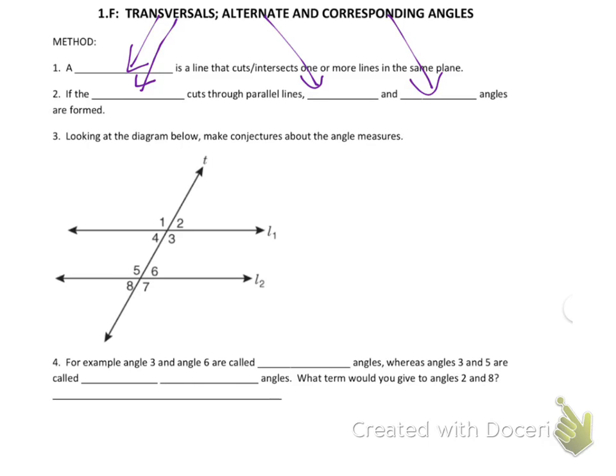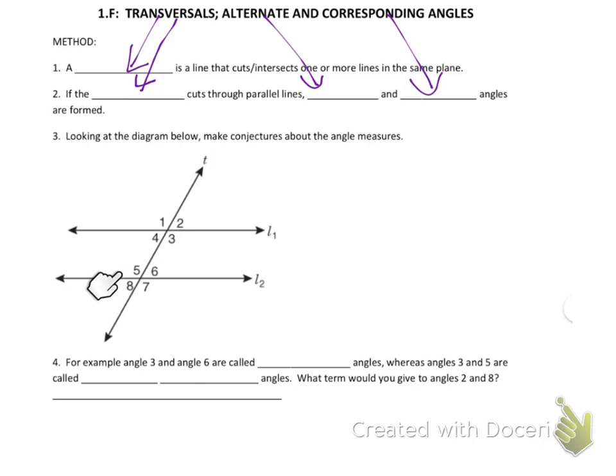Now, it asks you to look at this diagram and make some conjectures, make some hypotheses, make some connections. Doesn't 1 look really close to 5?